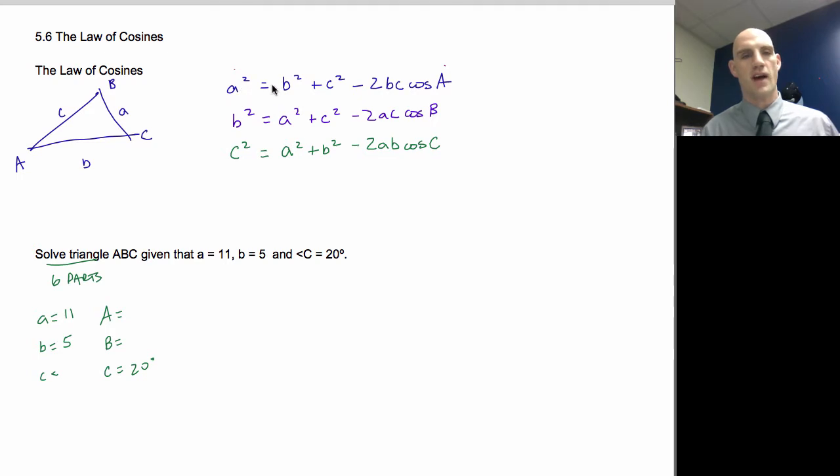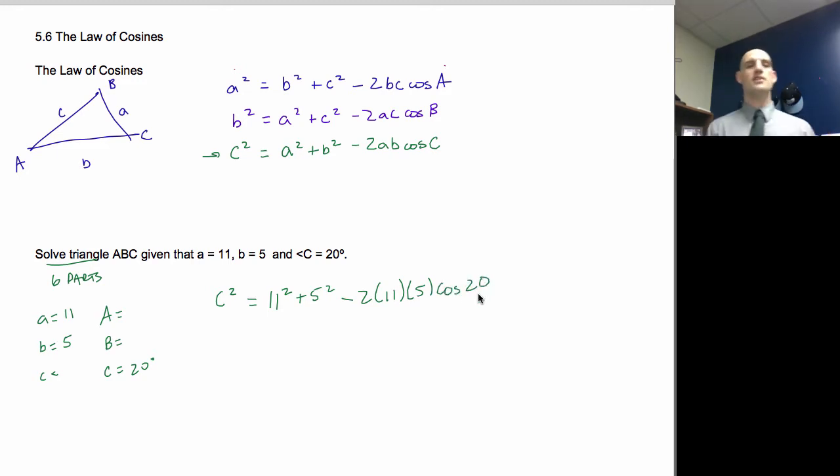If I pick this one, I'd have a and b, but I'd have c open, but I don't have A. But if I look down here, if I use this form, I'd actually have c squared, which I don't know, is equal to 11 squared plus 5 squared minus 2 times 11 times 5 times cosine of 20. Check that out. So now I only have one unknown. So the game for this one is figuring out which pieces I have and how I use those pieces to pick the right ratio to solve for.